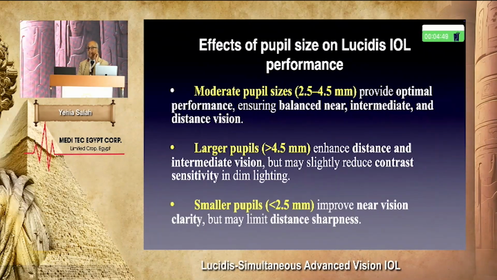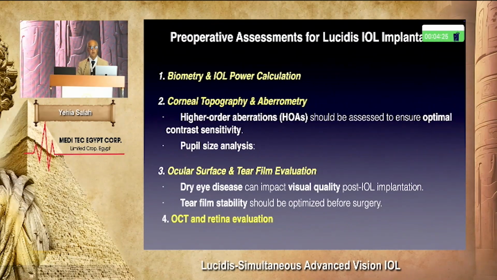But very small pupils, you would not prefer this unless the person is very old with less than 2.5 millimeters, which is not common. These are the people that actually want very near vision. So they will have better near vision, but less quality of distance vision. So you have to look at the patient.